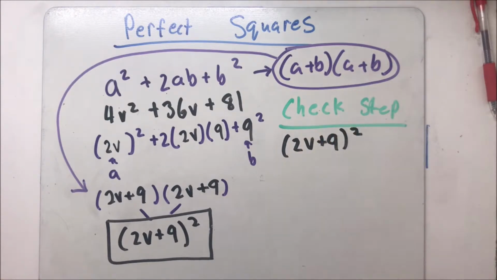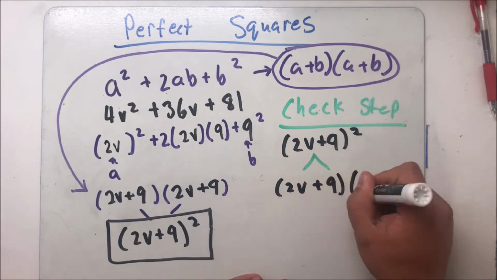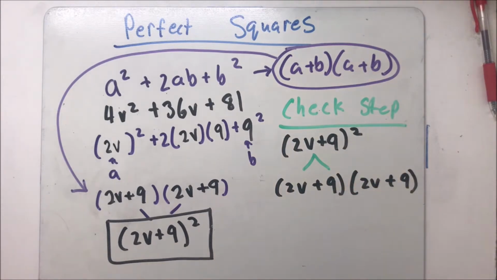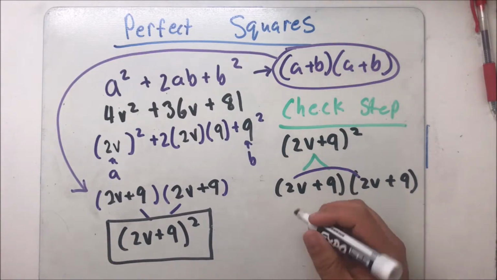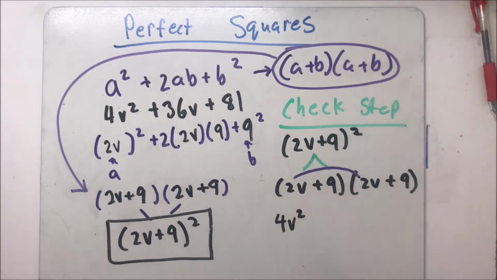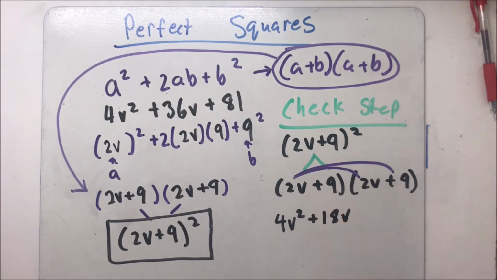So for our check step, we take our answer and we put them back into two factors. After that, we can multiply both of them. So 2v times 2v, which is 4v squared, and then 2v times 9, which is 18v. Now we do the same thing with 9.